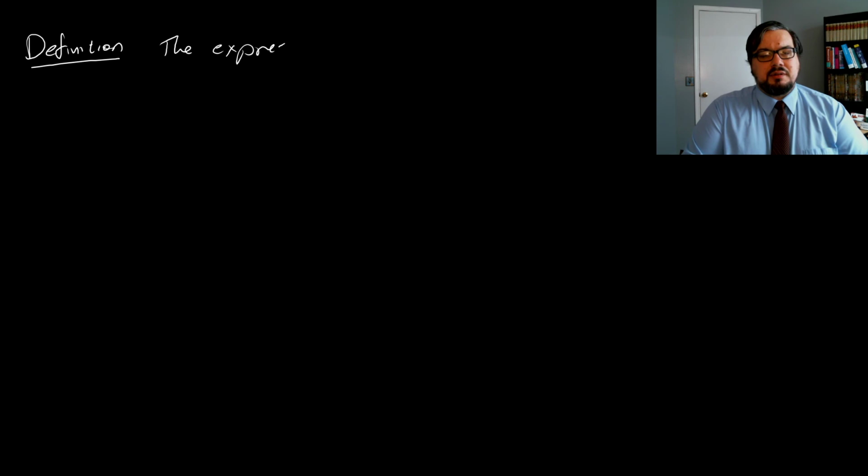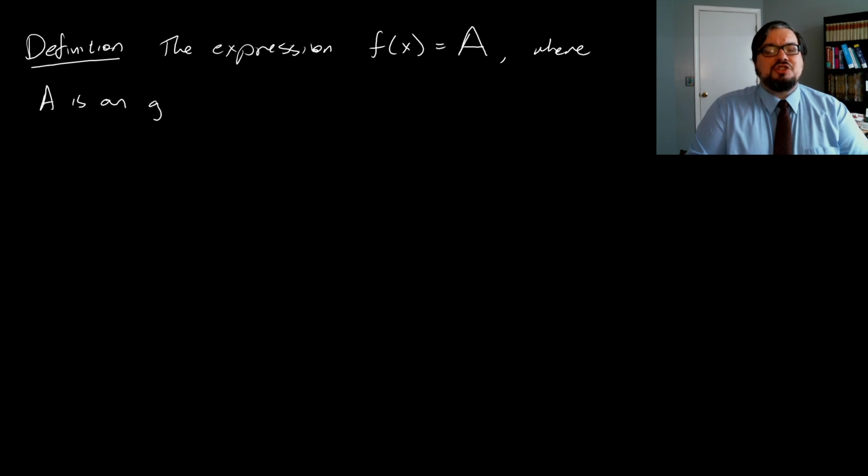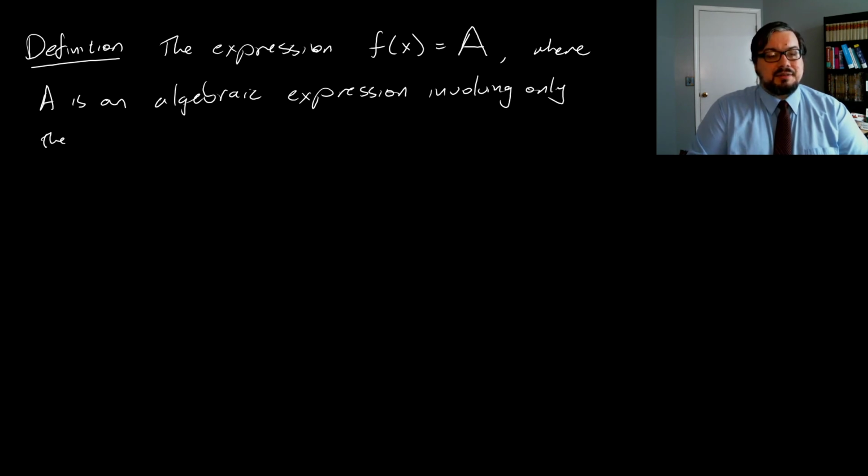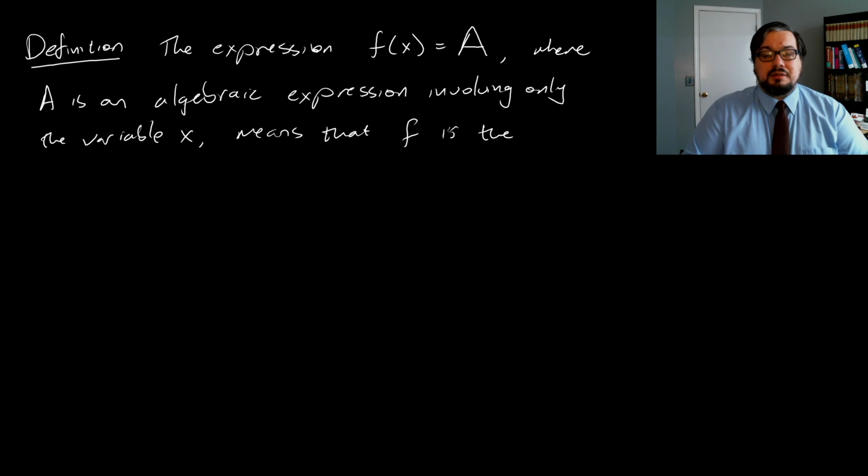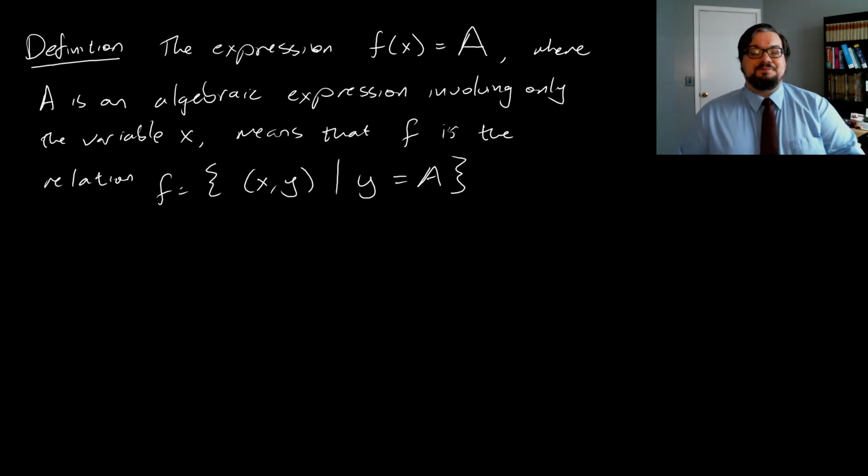The expression f of x equals capital A here, where A is an algebraic expression involving only the variable x, that is, no other variables, means that f is the relation of all x's and y's where y is equal to A. So it's telling us what the output is for the function given the input x.